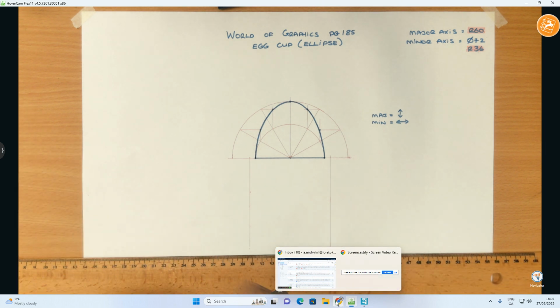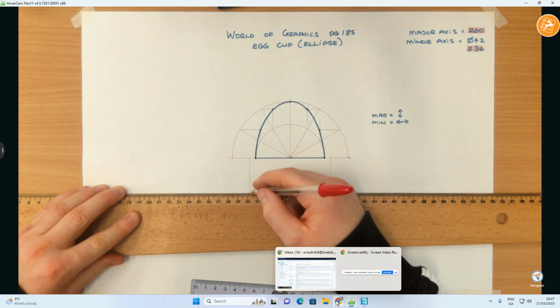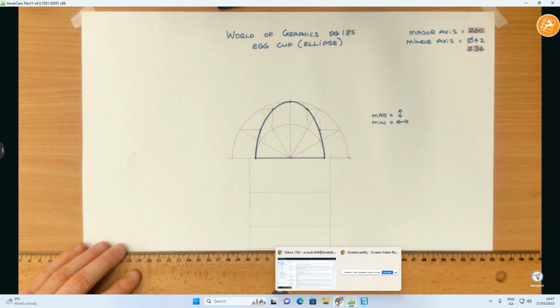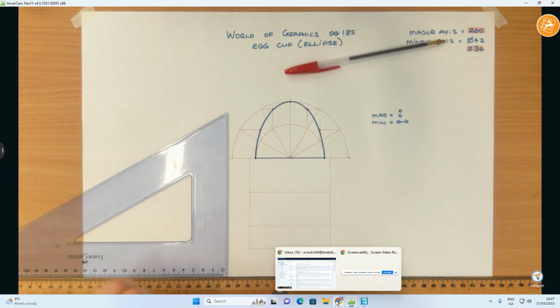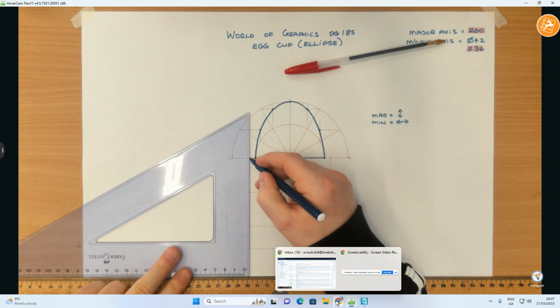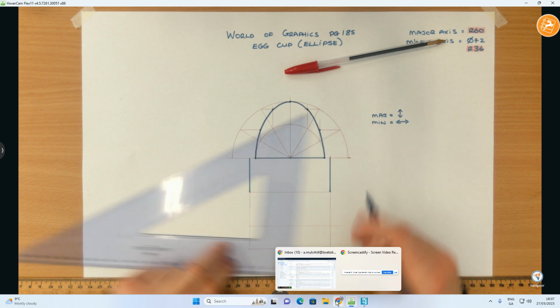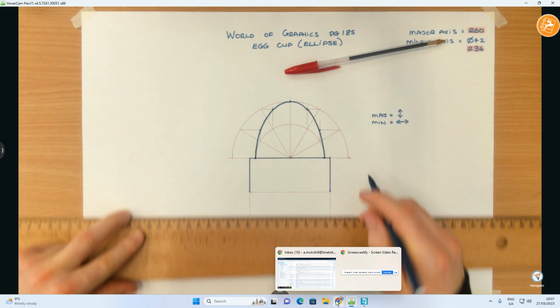There's the 24. Okay, put these in, and this one in. And now what I'm going to do is heavy in this portion. So I know this is heavy from there down to there, and in these little sections here and here.